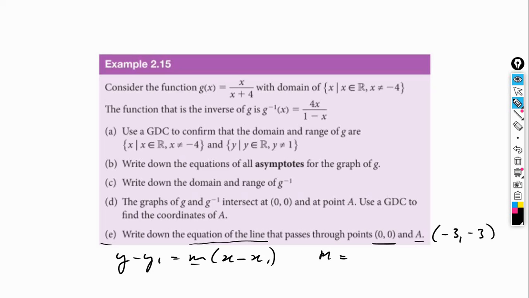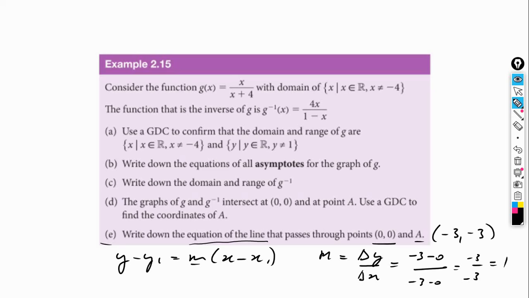Slope is equal to difference in y over difference in x, or rise over run. So for y it would be -3 minus 0, and for x it would also be -3 minus 0, and this is obviously -3 over -3, which is equal to 1. Okay, so what do we have here?